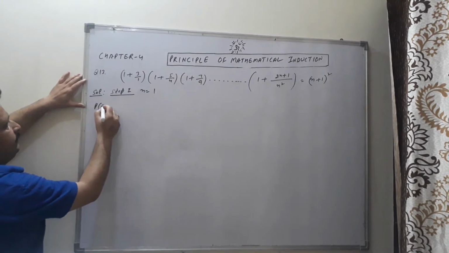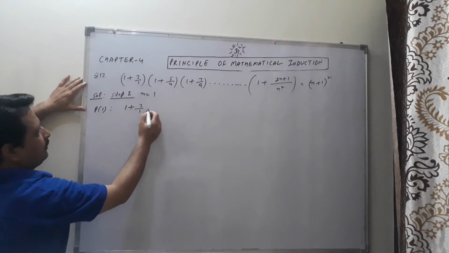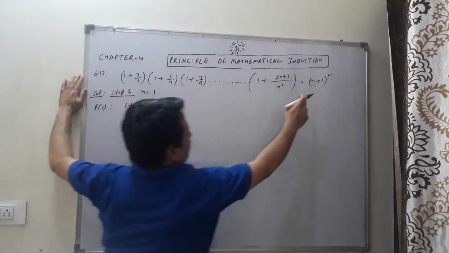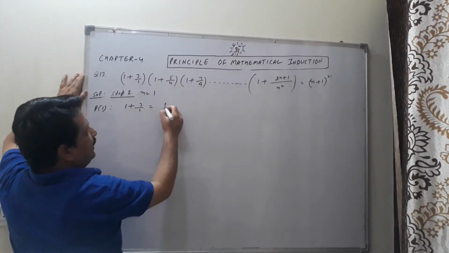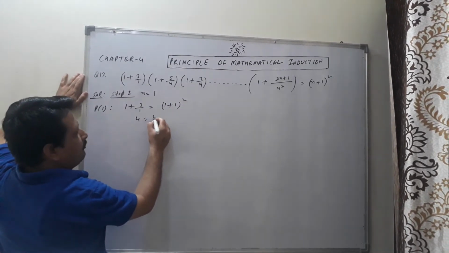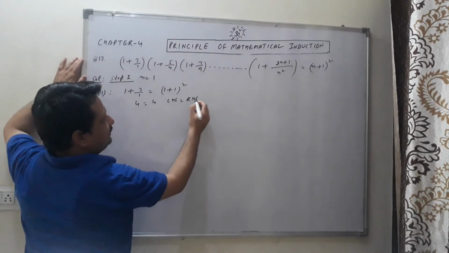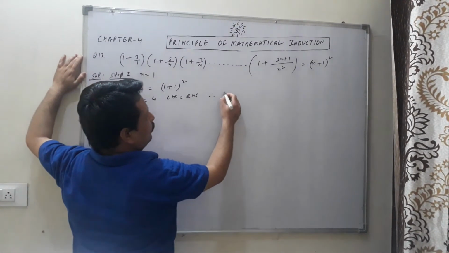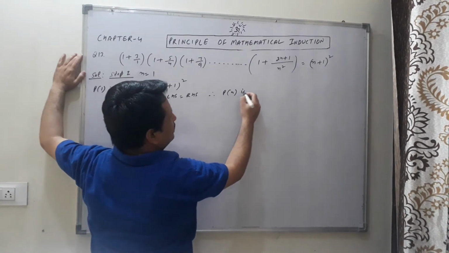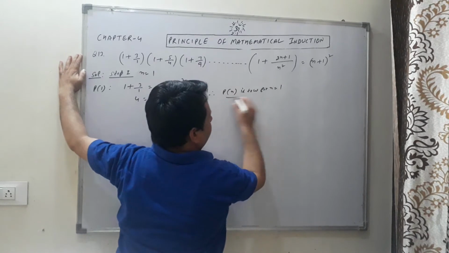So P of 1: 1 plus 3 upon 1 equals, putting 1, 1 plus 1 whole square. On solving, left hand side will come equal to right hand side. Therefore P of n is true for n equal to 1.